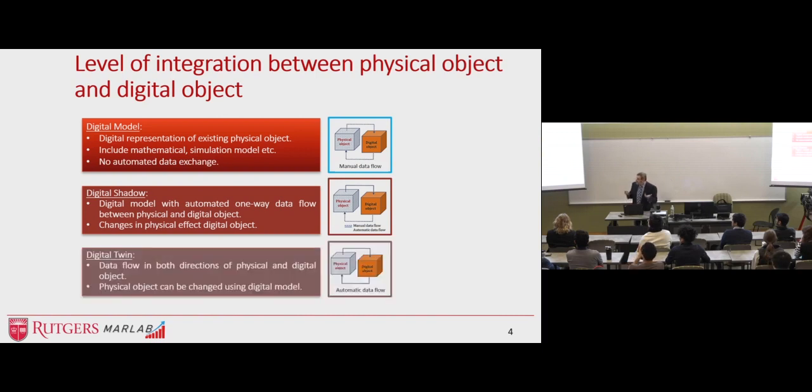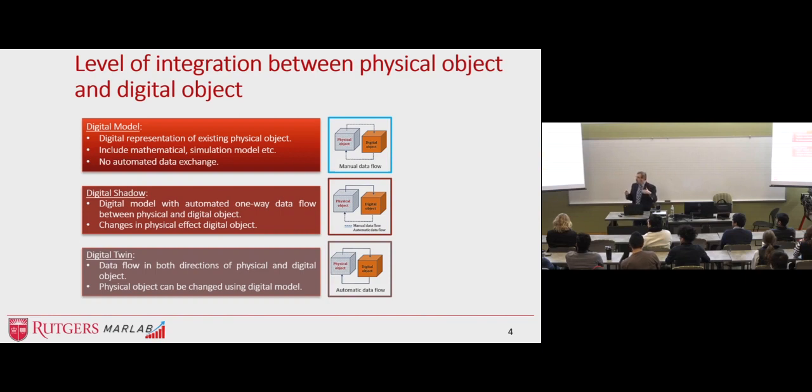So the digital twin means that you have a full connection between the physical object and the digital object, and the data flow is fully automated. And then obviously the intelligence, the autonomous aspect of it, will come from machine learning, right?